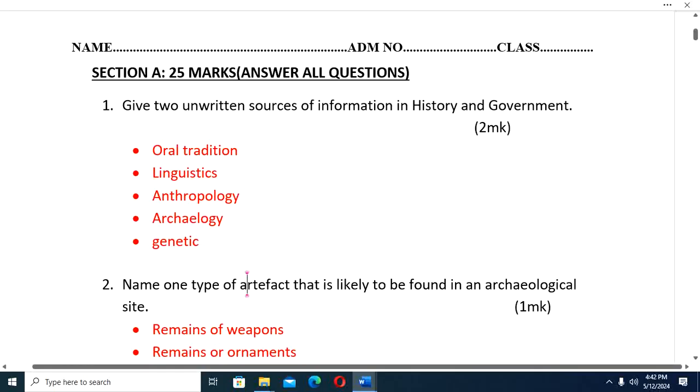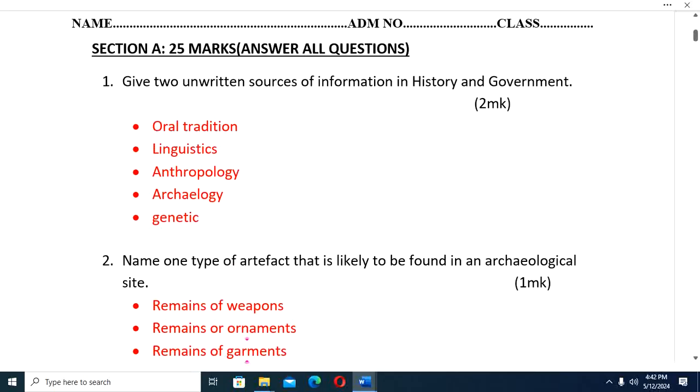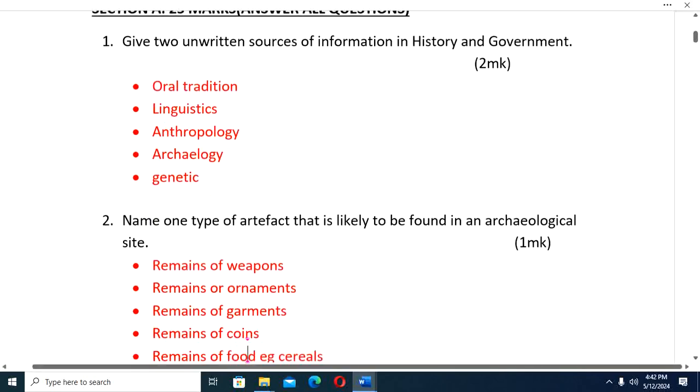So let's start. Number 1, you're told give 2 unwritten sources of information in history and government. We have unwritten sources: oral tradition, linguistics, anthropology, archaeology, and then genetics.